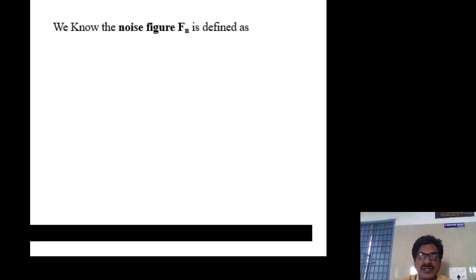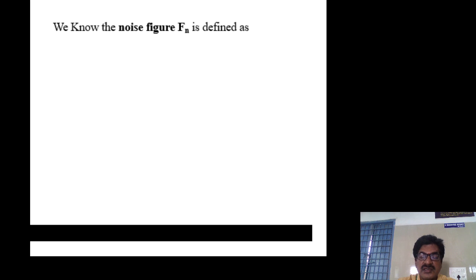Next, in order to estimate the performance of a circuit with reference to noise, usually the metric used is noise figure, Fn.